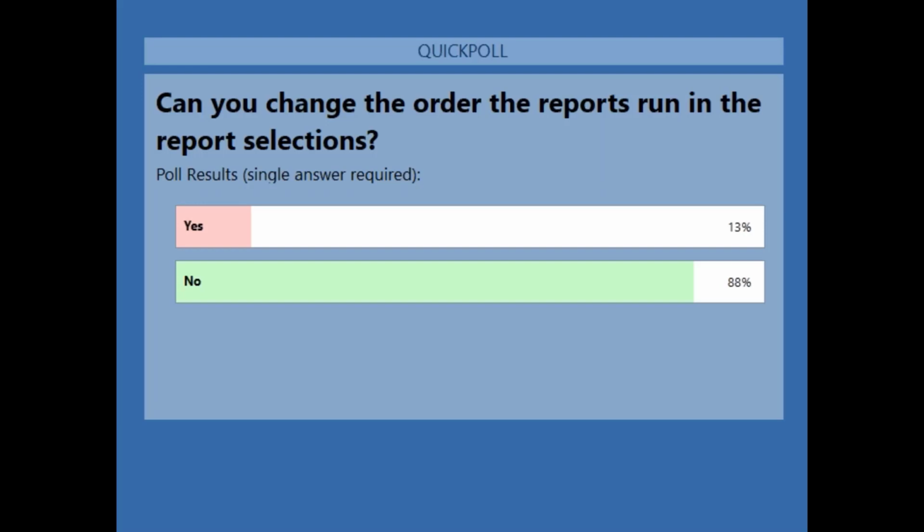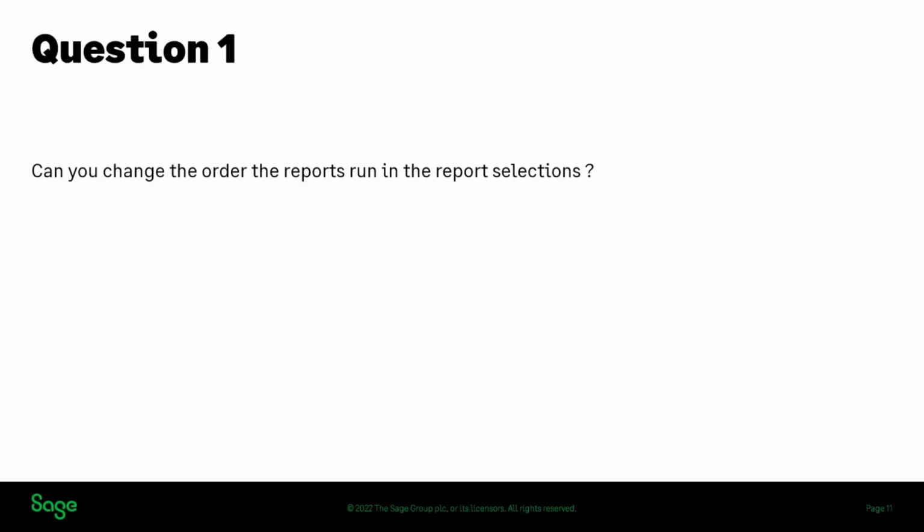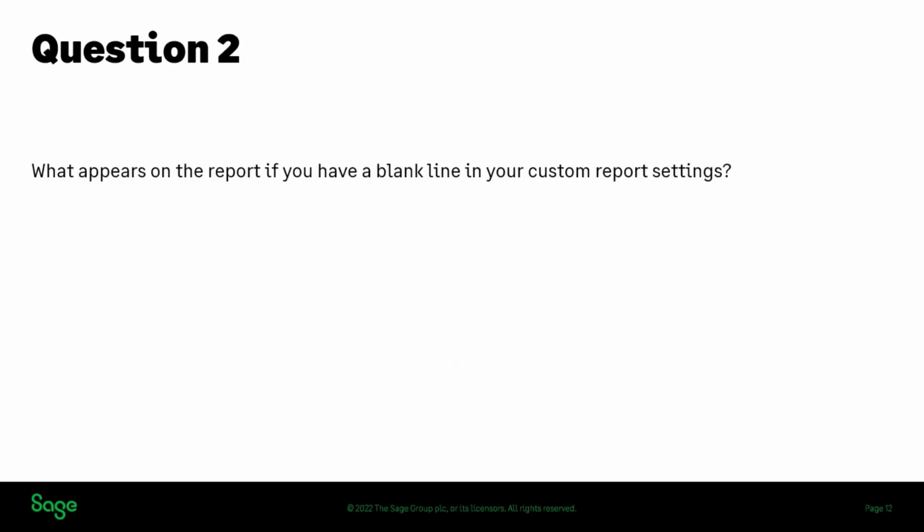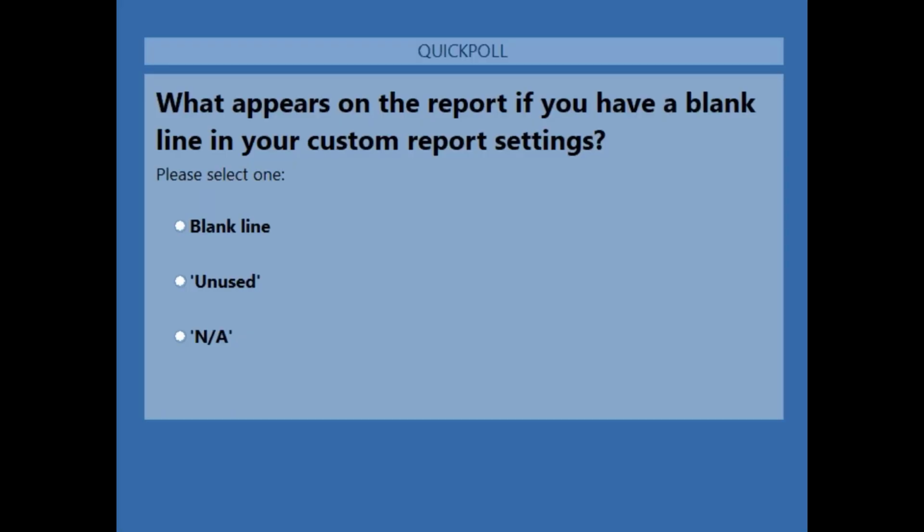So let's bring back the presentation. We'll hide those and give the screen a quick refresh because we're going to go to question number 2. There are only 3 questions. What appears on the report if you have a blank line in your custom report settings?